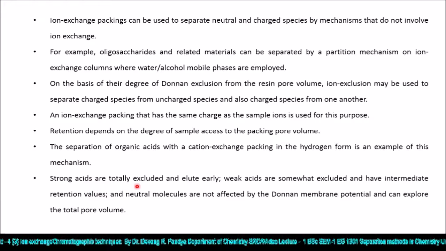Strong acids are totally excluded and elute early. Weak acids are somewhat excluded and have intermediate retention values, and the neutral molecules are not affected by the Donnan membrane potential and can explore the total pore volume.